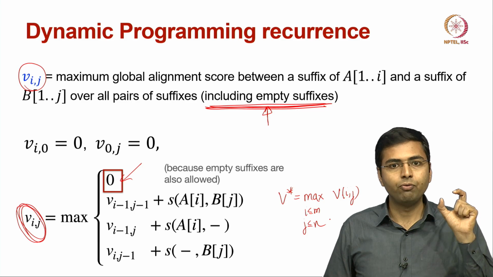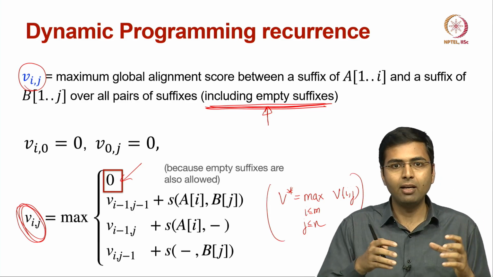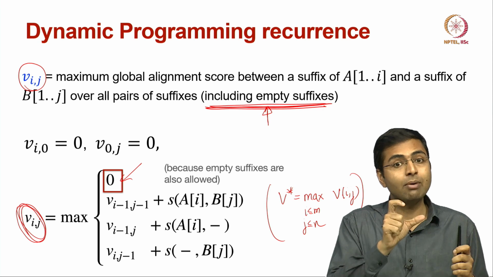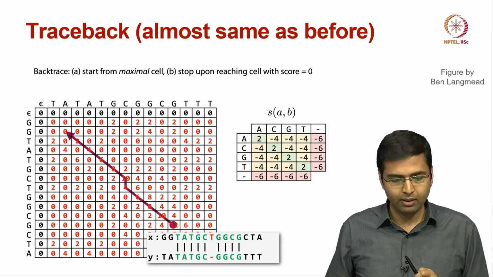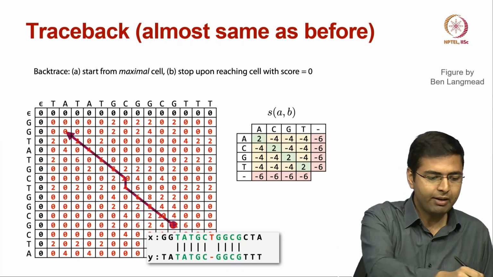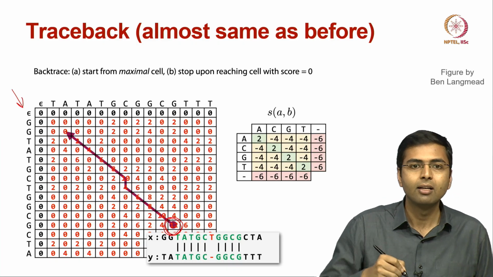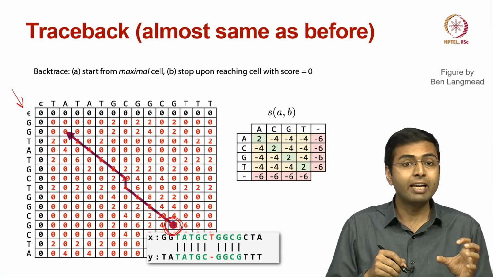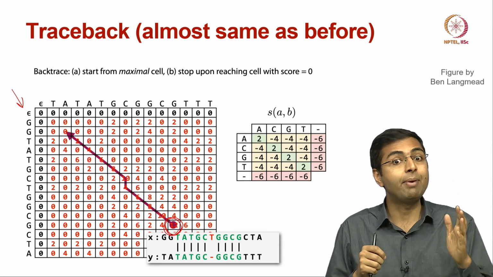So once we have computed the DP table, we have to scan for the maximum value in this table, and this will give us the location in both strings where the local alignment ends.